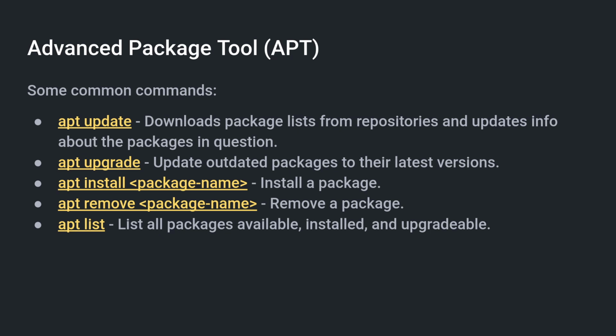We also have apt upgrade, which updates outdated packages to their latest versions. You have apt install, which is used to install a package. Apt remove, which is used to remove a package. And apt list, which lists packages available, installed, and upgradable. These are just some common commands from apt.